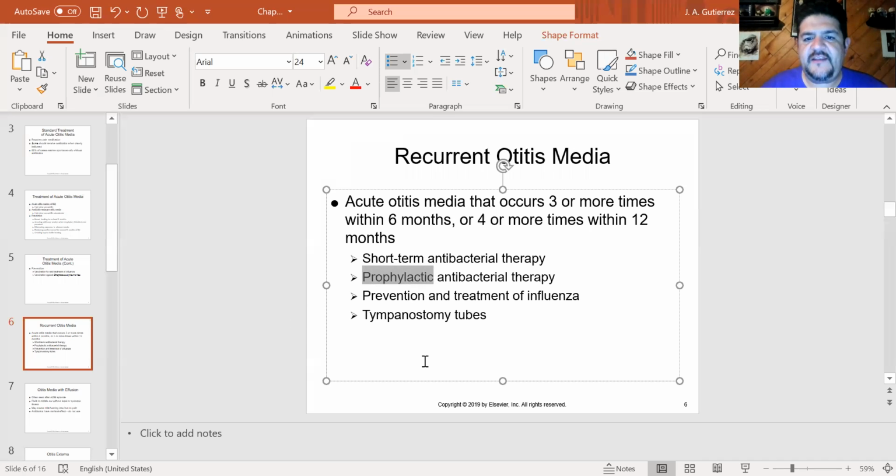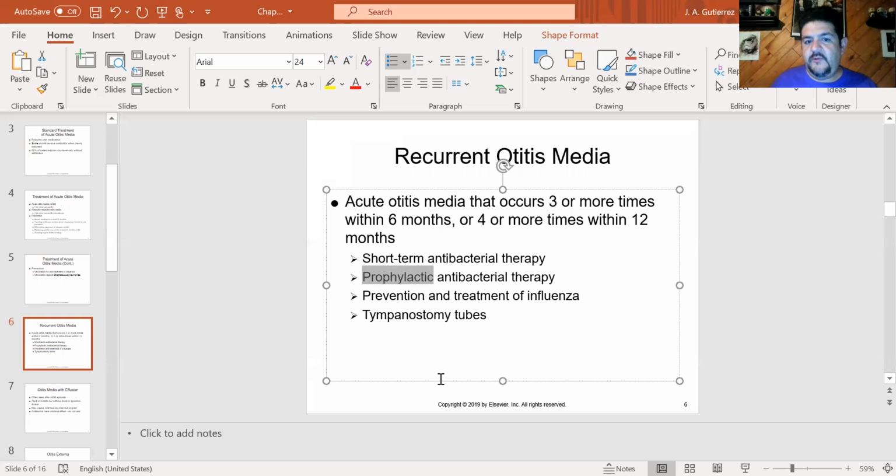Regarding prophylactic antibacterial therapy, usually this one lasts longer. Obviously, the dose of the antibiotic is not as strong as the short-term antibacterial therapy, but this type of patient will require prophylactic antibiotics to prevent reinfections of the middle ear.